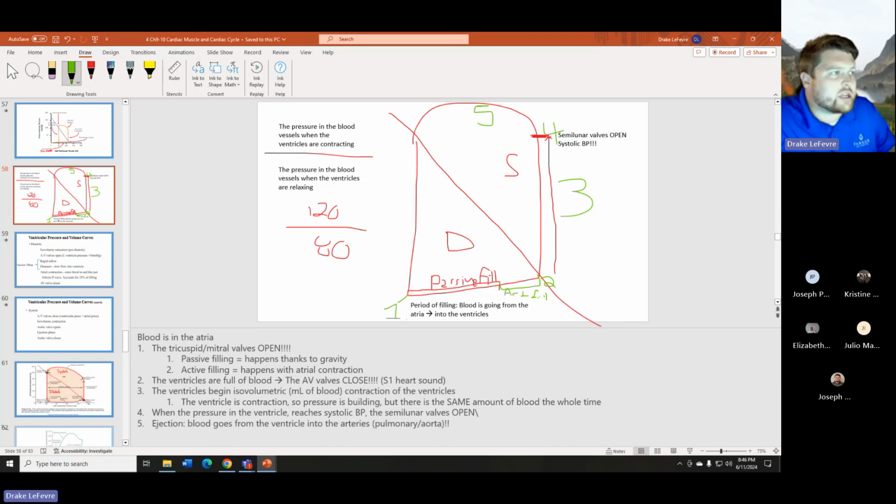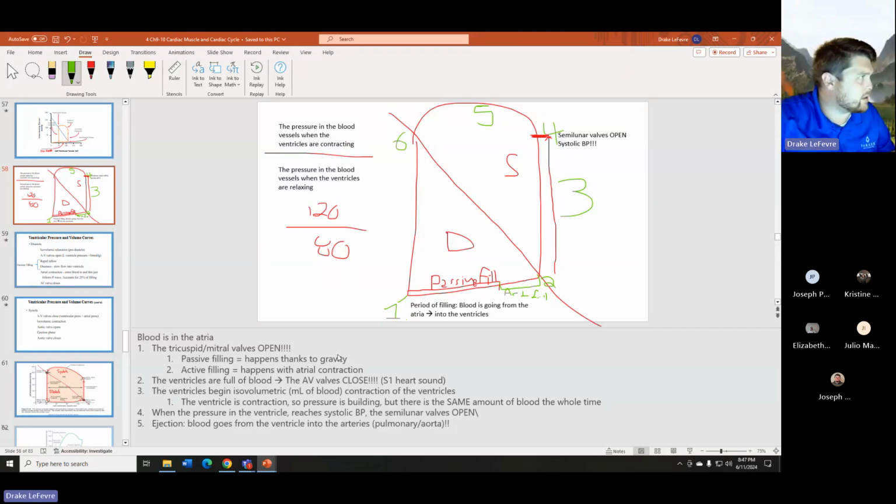Once all the blood is squished through, we get to this point right here. What's going to happen? All of the pressure gets pushed through, and all of a sudden the pressure is less. The valve closes.